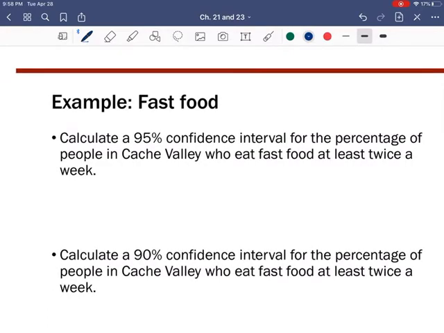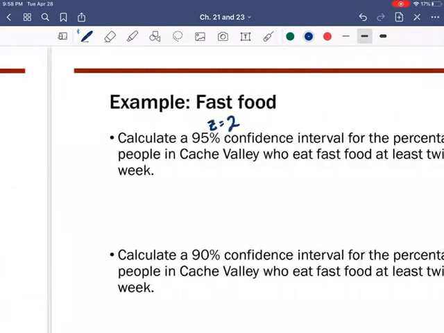So the next slide asks us to make a 95% confidence interval. So 95% means Z equals 2.